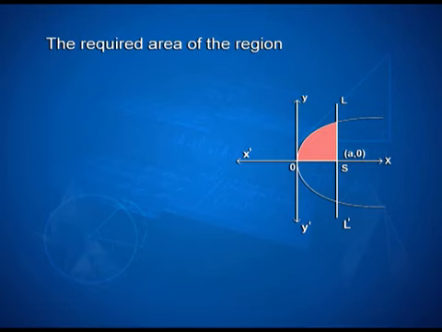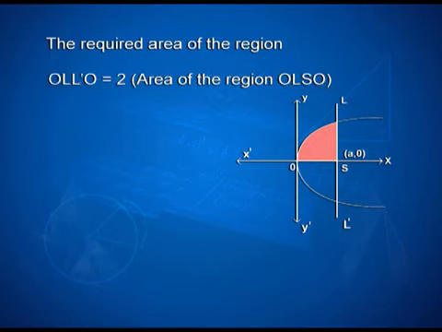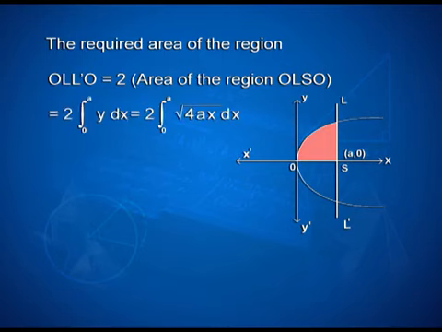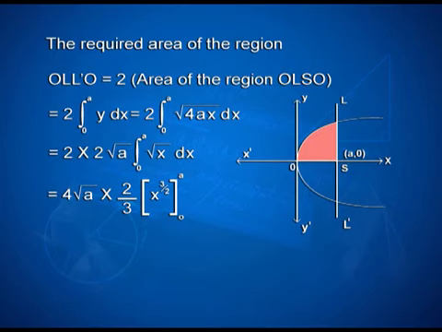Therefore, the required area of the region OLL'O is equal to 2 into the area of the region OLSO, that is equal to 2 into the integral from 0 to a of y dx, that is equal to 2 into the integral from 0 to a of square root of 4ax dx, that is equal to 2 into 2 square root a integral from 0 to a of square root x dx, that is equal to 4 root a into 2 upon 3 into x to the power 3 upon 2 with limits 0 and a.